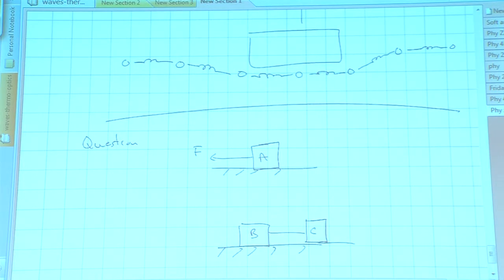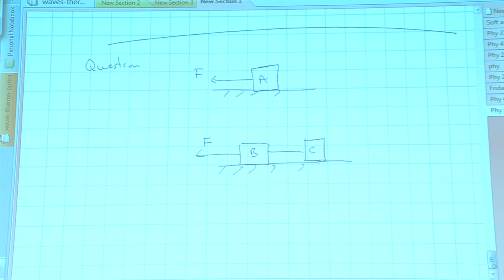They're all identical. All my blocks are identical. And I've got 3 blocks here: D, E, and F. Okay.